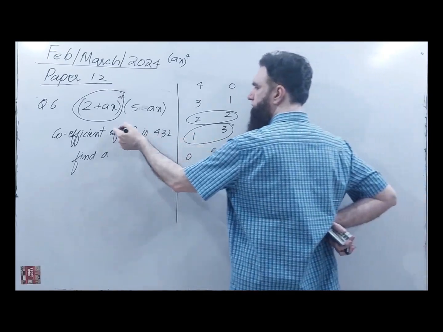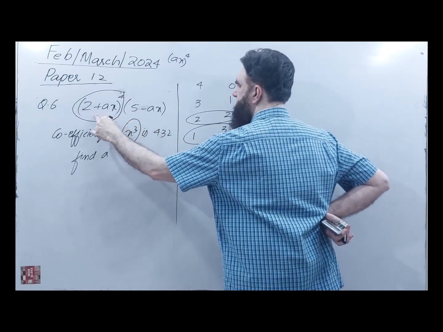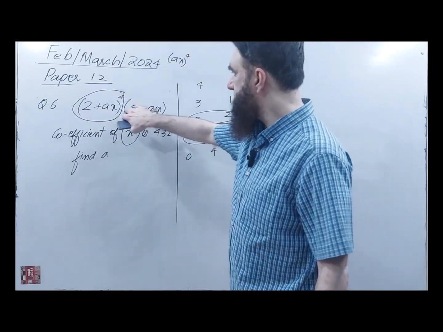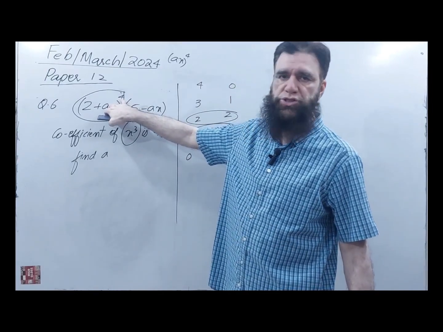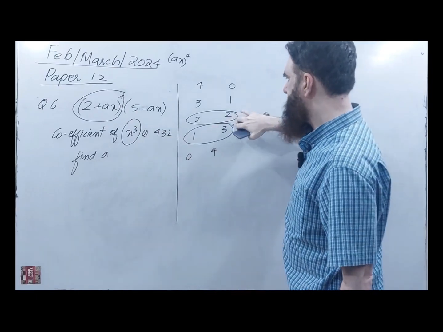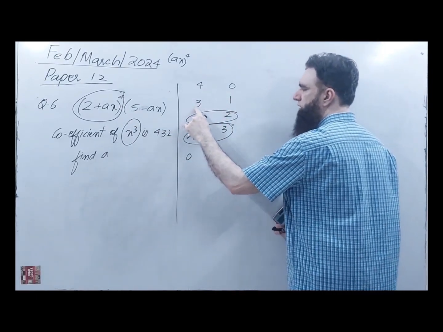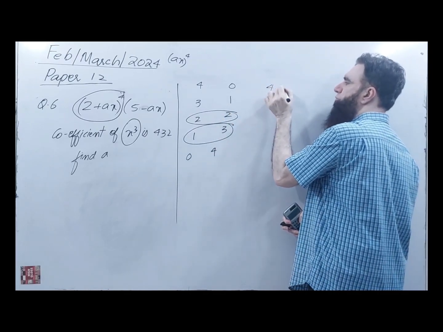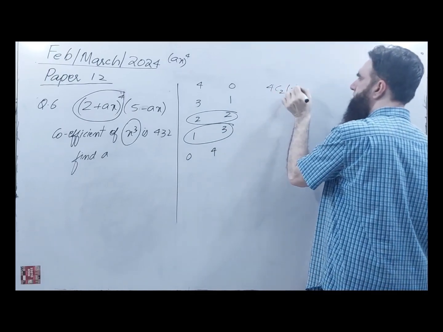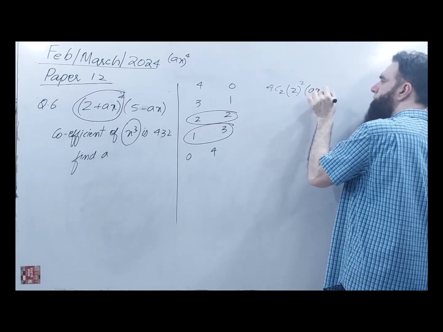What we are looking for is the coefficient of x cube. So I find the third and fourth term in this. You know the binomial coefficients start from 4c0, 4c1, 4c2, 4c3, and 4c4. So this is the 4c0 term, this is 4c1, this is 4c2, with 2 power 2 and ax power 2.